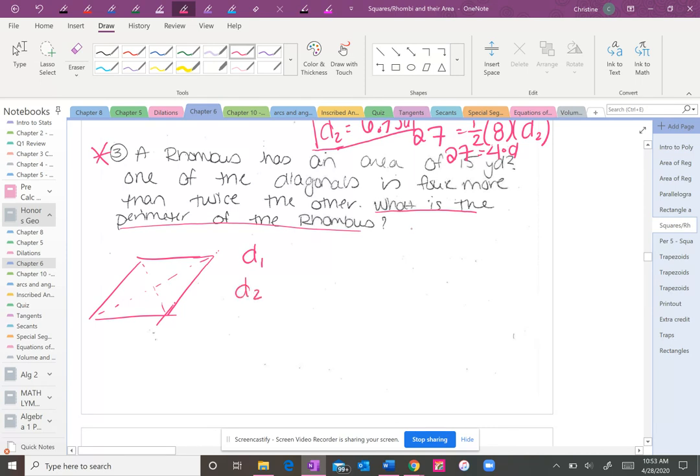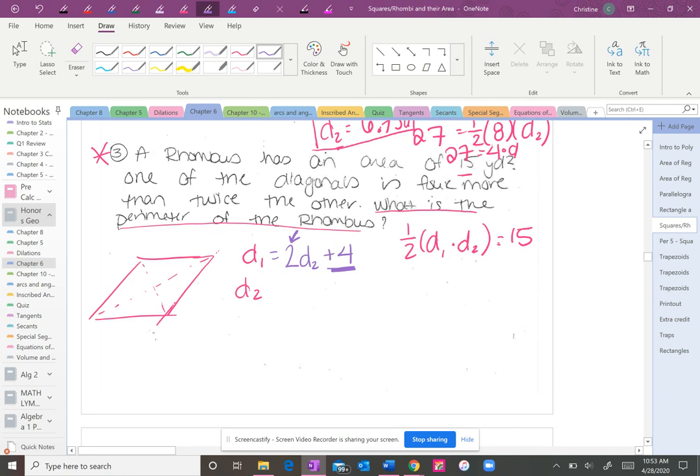And somehow when you multiply 1/2 times D1 times D2, you get an area of 15 in this case. So it's saying that one of them, so let's just use diagonal 1, is 4 more than twice the other. 4 more than twice the other one.